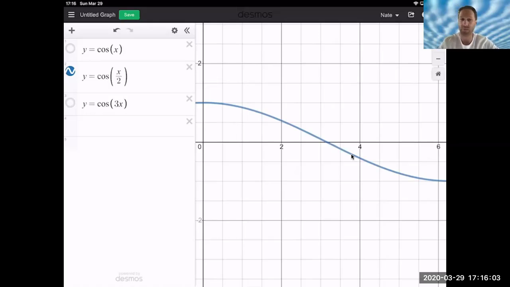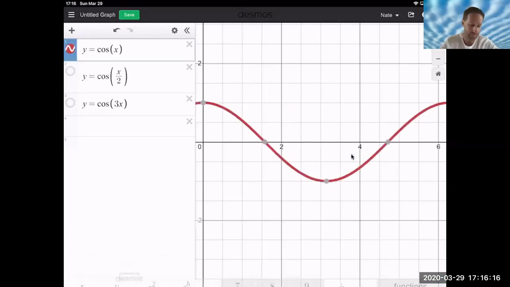And what would happen, do you think, if instead of 1/2 in front of my x, my angle, I put 3 times the x? Well, we know when we just have x for cosine, we had two answers, because there's two positive cases and two negative cases for every trig function.